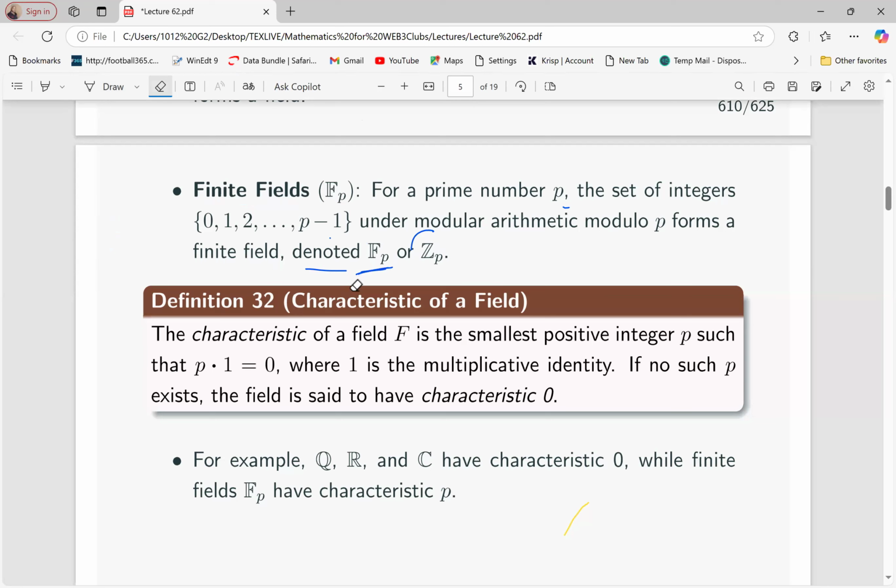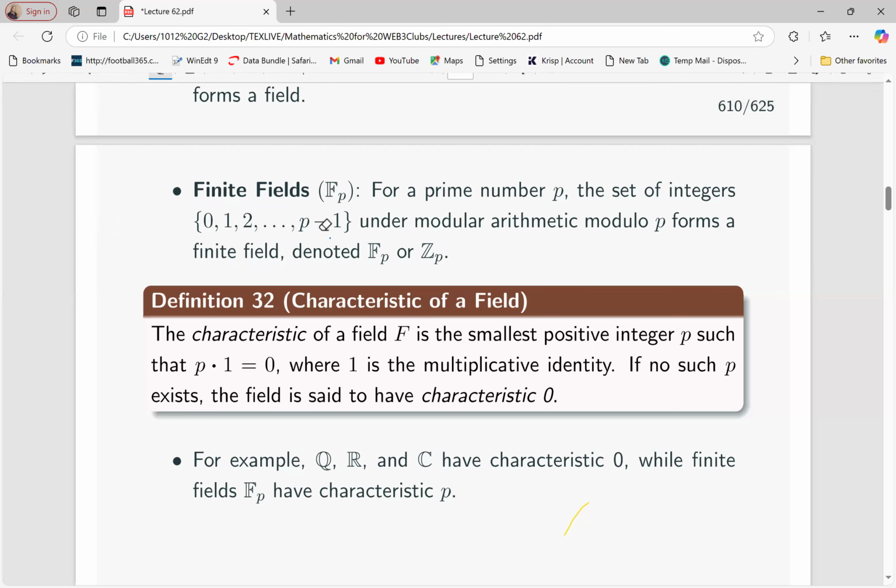So when you hear somebody talking of a finite field, that's what it means: the set of integers mod p. And it means that set of integers forms a field, and we know what it means to form a field. It must be closed under addition and closed under multiplication. It should be associative under addition and associative under multiplication.